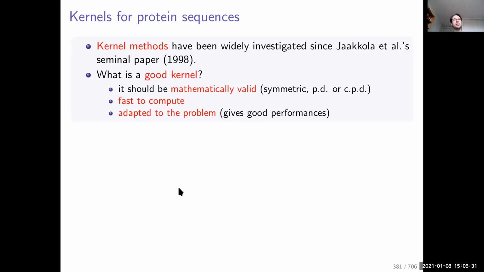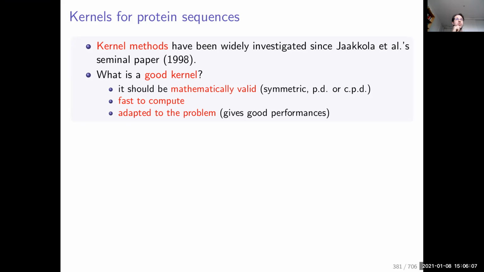It turns out that kernel methods for protein sequences have been widely investigated since the end of the 90s. This corresponds more or less to the time where genomic data started to be available. Even so, the full sequence of the human genome was available only in 2003. If we want to use kernel methods, there are questions: how can I design a kernel which is positive definite for sequences?